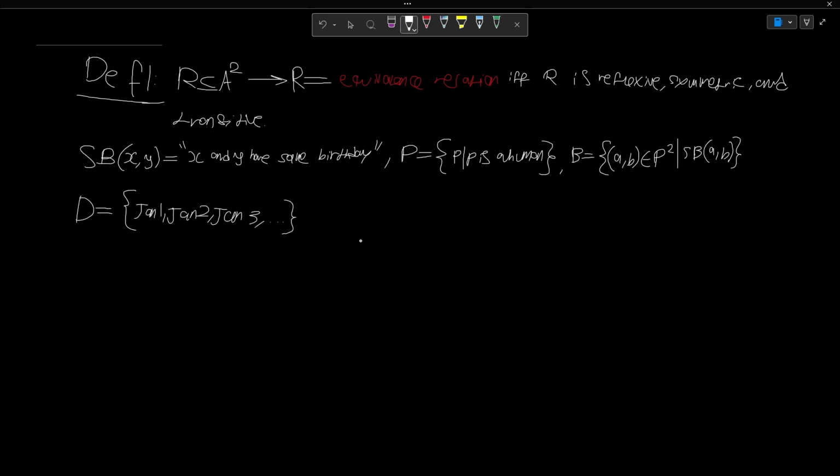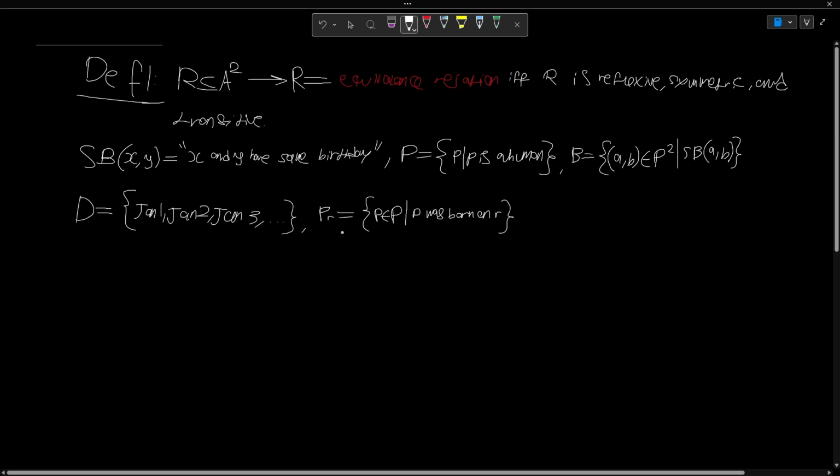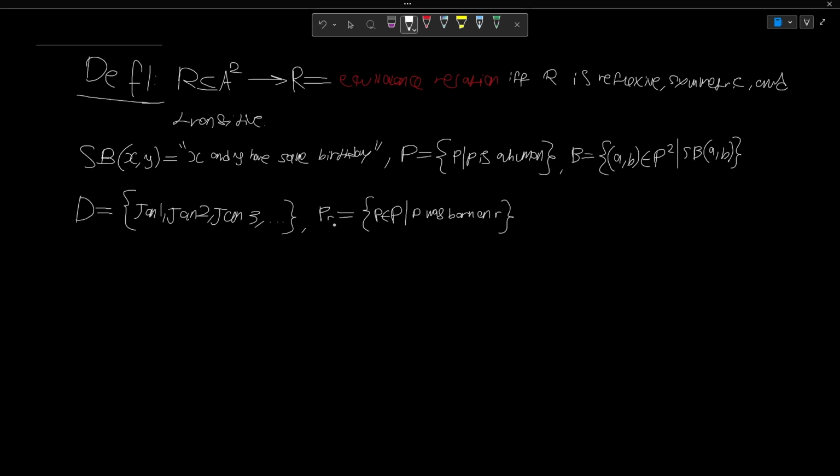We could think of these categories in P as forming a family of subsets of P, in which we could form an indexed family as follows. If we define D for days as every day from January 1st to December 31st, then for any r in D, let P_r be the set of all p in the set of all people such that p was born on r.